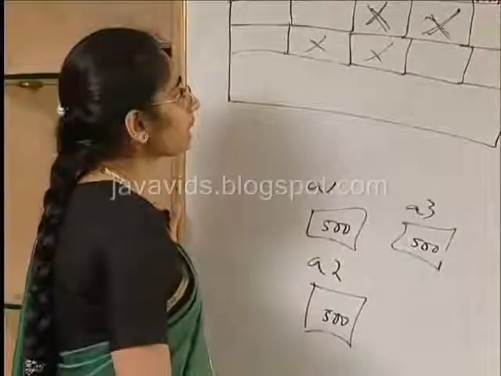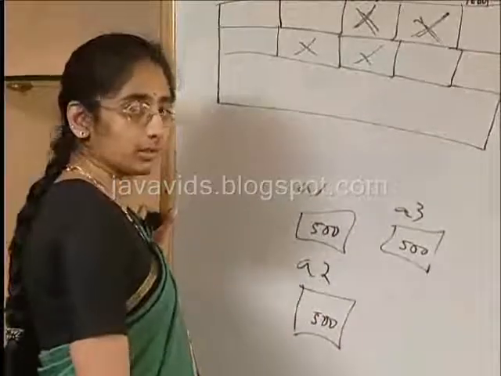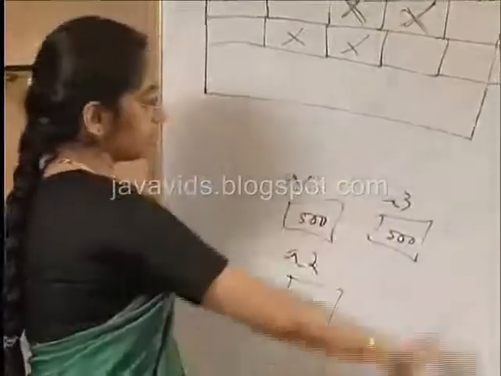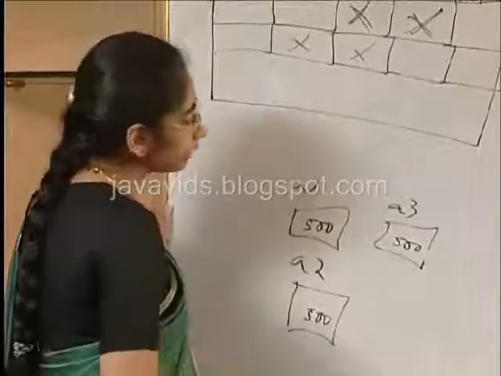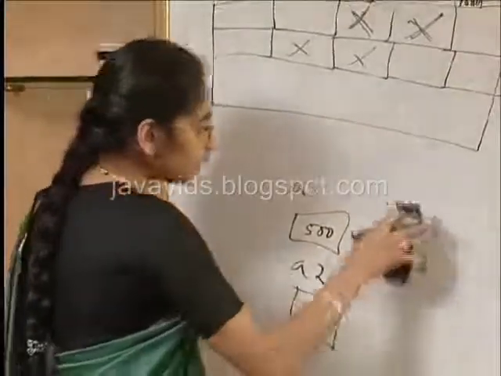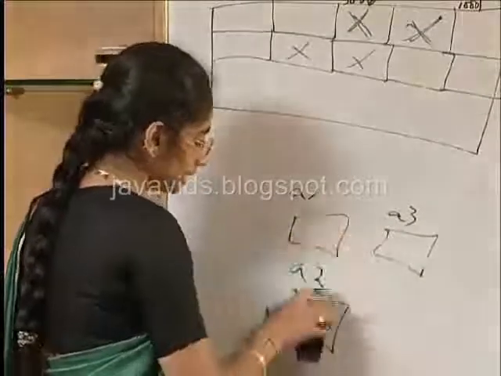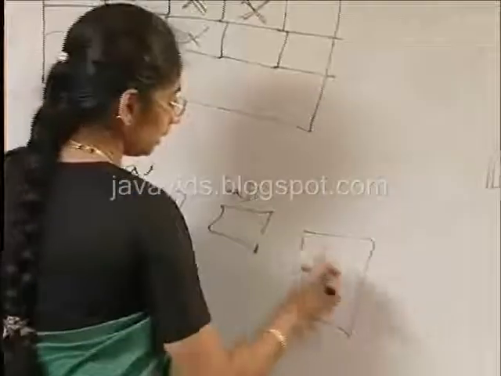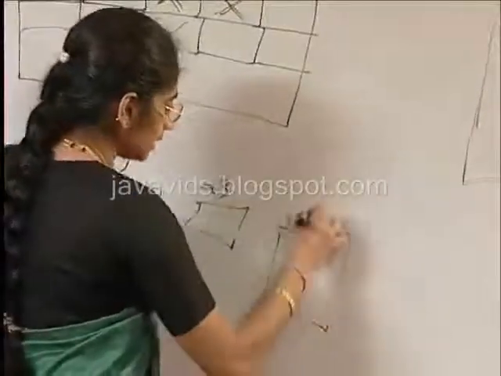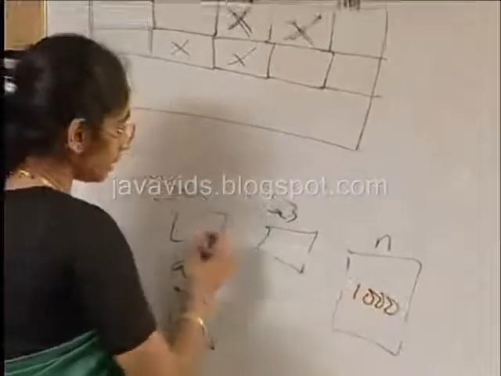Either this method can be used, or the JVM could be implemented such that all the object variables are actually referring to one indirection, let's call it n, and this n is the one that refers to 1000.